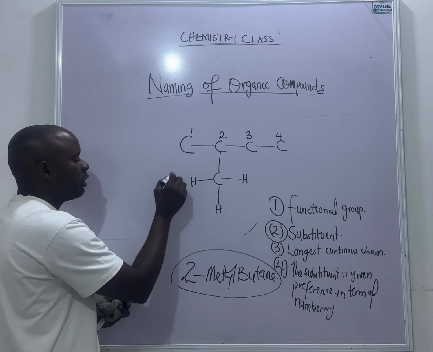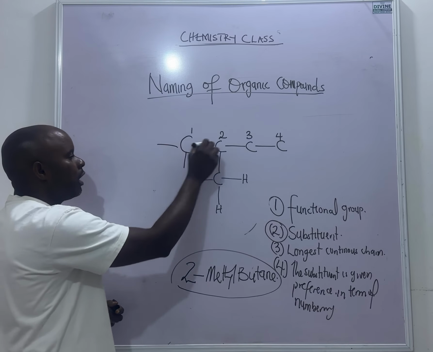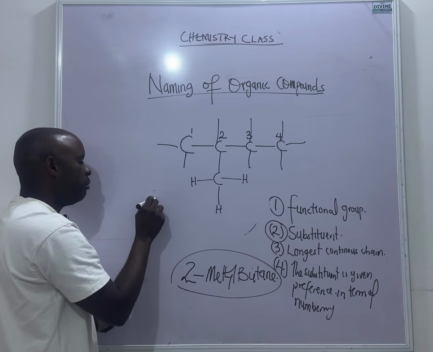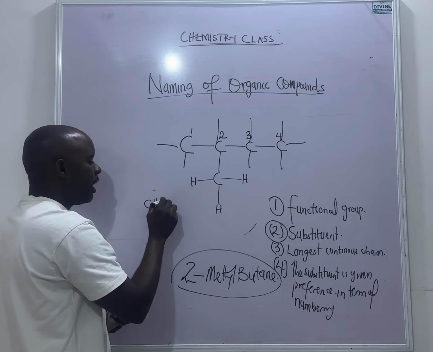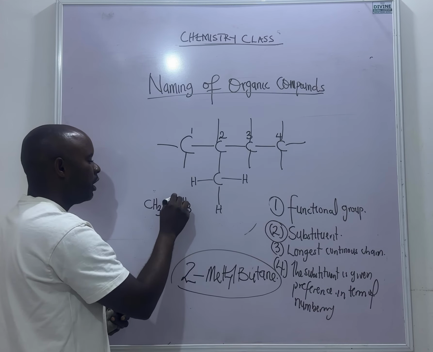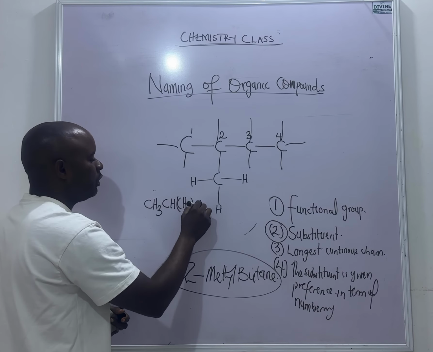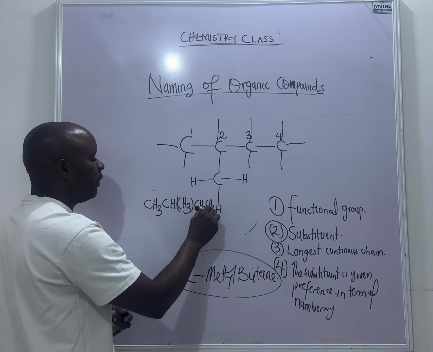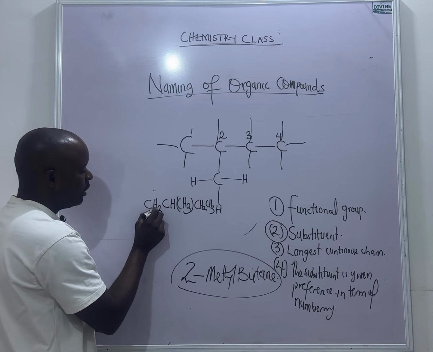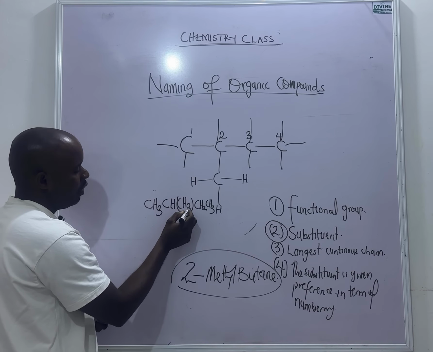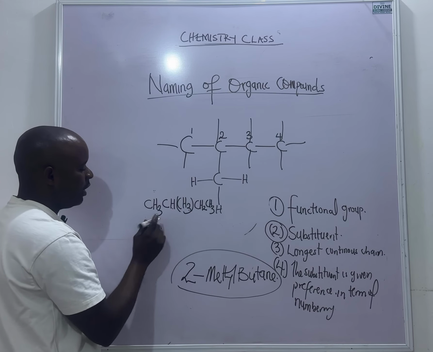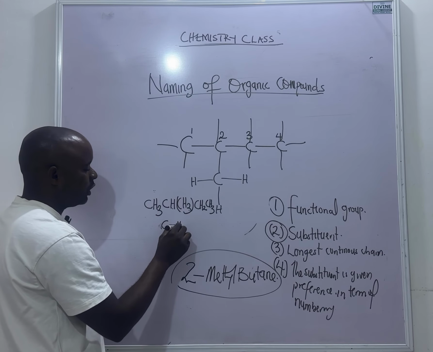For instance, if I want to write the molecular formula of this compound, here we have CH3, then CH2, then CH3. Let's count how many hydrogen is here: 3, 4, 7, 9, 12. That is 5 carbon and H12.